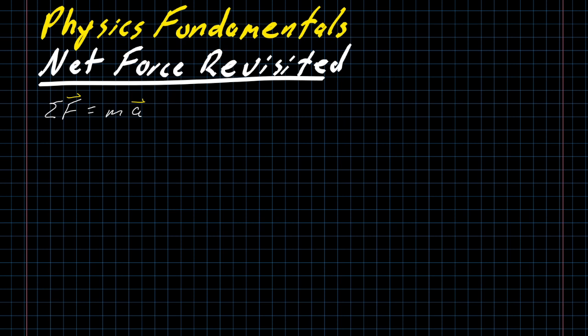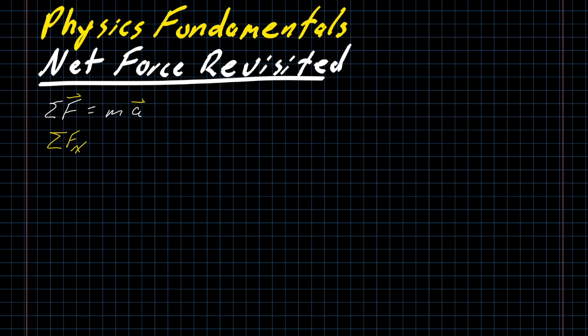So if we have a vector force, mass is always a scalar, but acceleration can also be a vector. And while vector equations are always intimidating at first, the nice thing about a vector equation is that you can actually break it down into components.